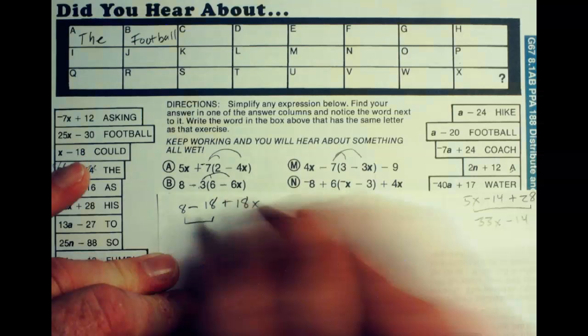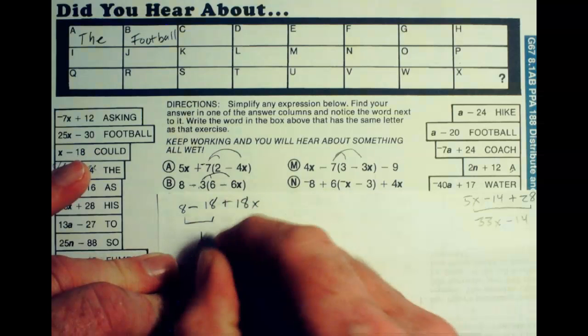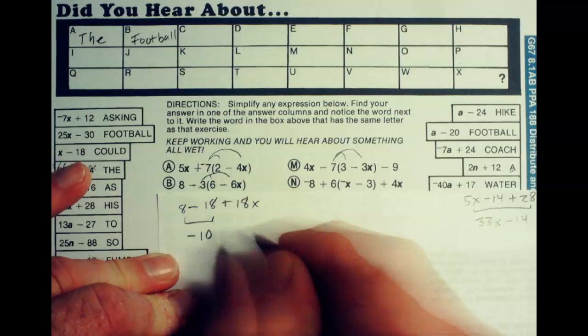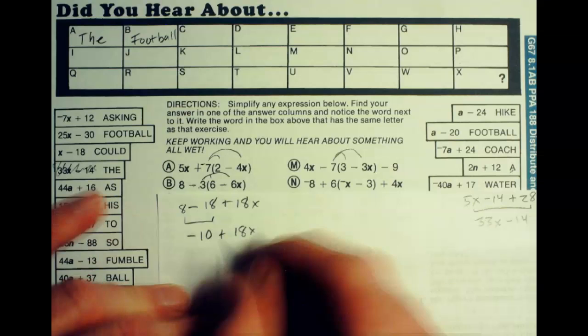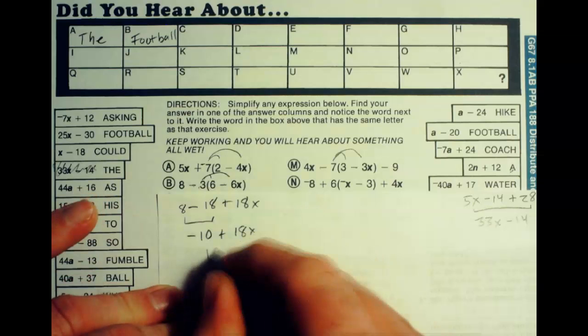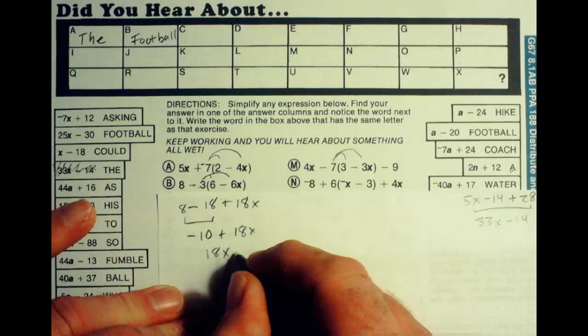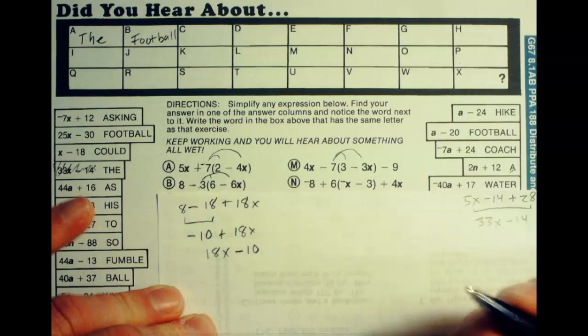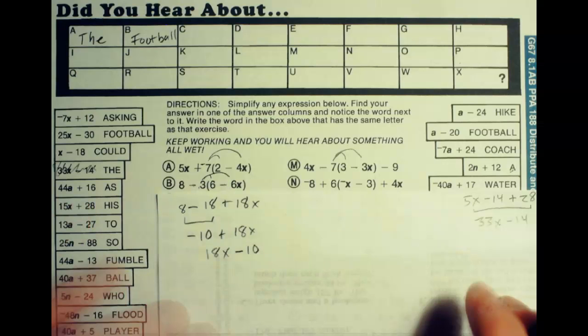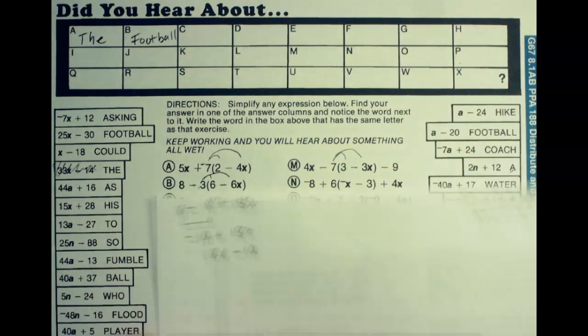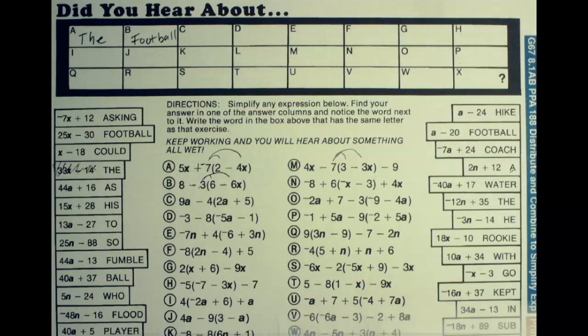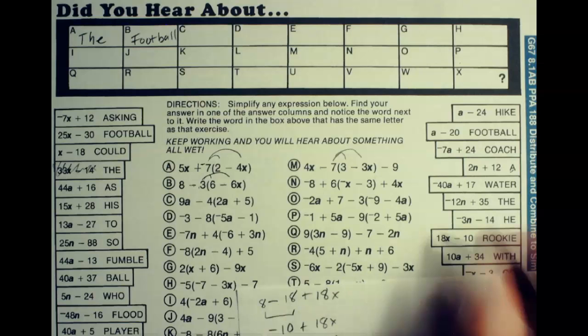This is a positive and negative. The difference here is 10, and it's a negative 10. And then I have 18x. Now, generally speaking, they put the variables first, so I'm going to rewrite that as 18x minus 10, or 18x plus a negative 10. Let's just see if I can find 18x anywhere on this sheet. 18x minus 10 right here, the rookie.